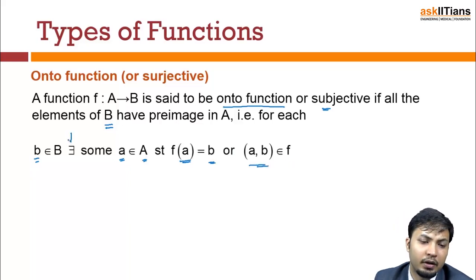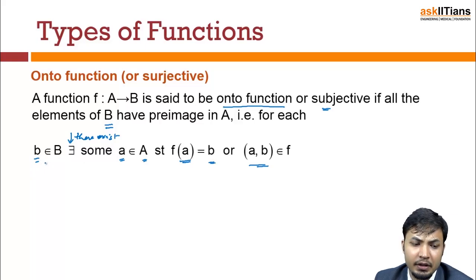Now this symbol means there exists. Okay, don't get confused. So basically if for an element b in capital B there is some a in capital A such that f of a is equal to b, or (a, b) belongs in f, then in that case it becomes an onto function.